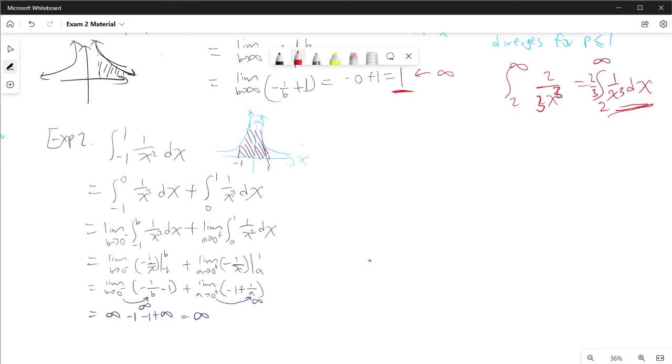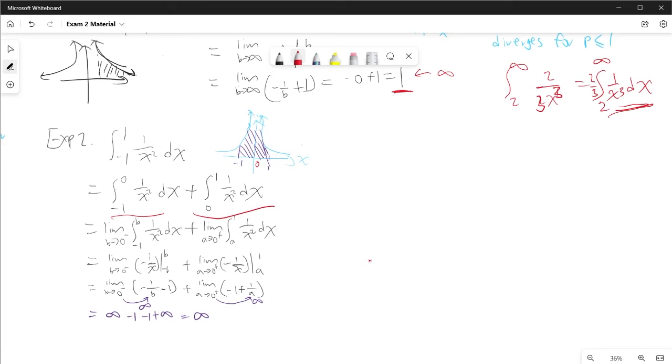If you graph this out like I did above, you realize this is actually symmetrical. From -1 to 0 and 0 to 1, you can actually just take 2 times one of these, and it should be the same.